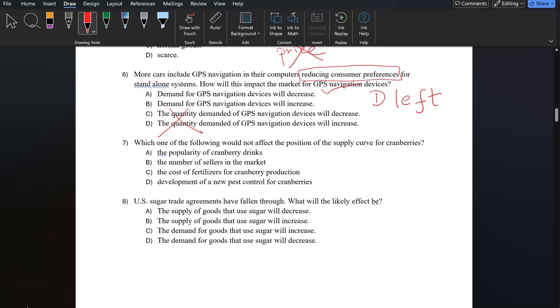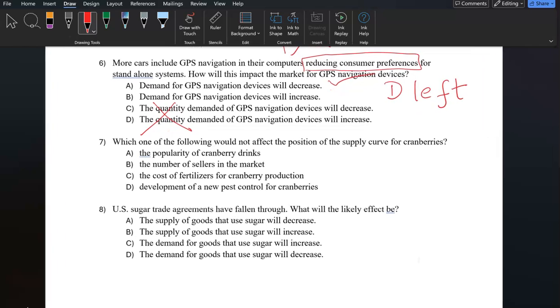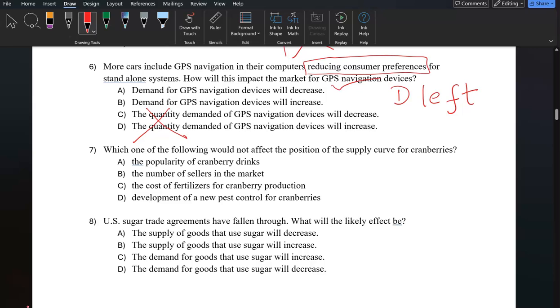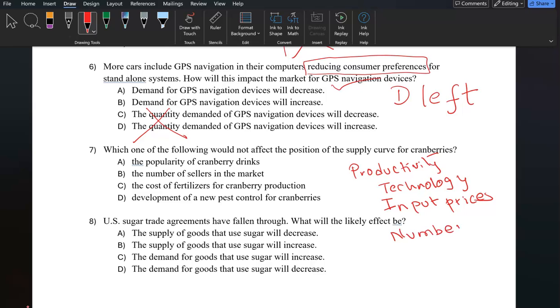Okay, question number 7. Which of the following would not affect the position of the supply curve? Supply curve is affected by productivity, by technology, by input prices, and the number of sellers.